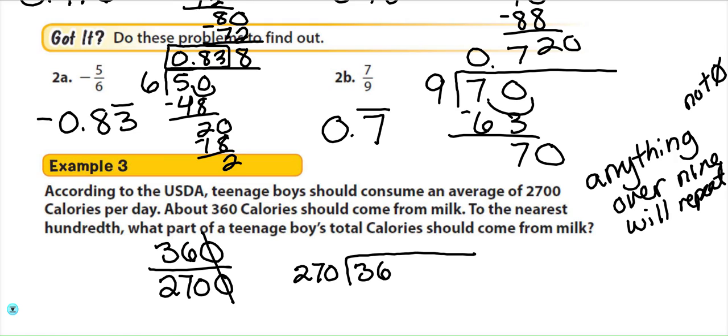All right, so we need to add in a decimal. Bring it over. 270 goes into 360 just once, and of course that's going to give us 270.